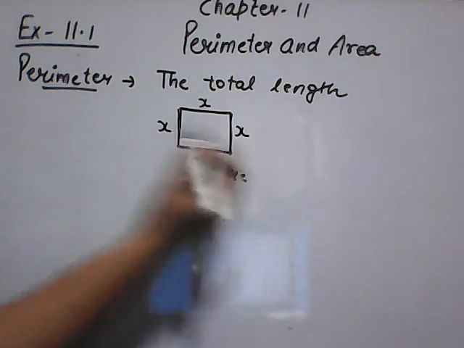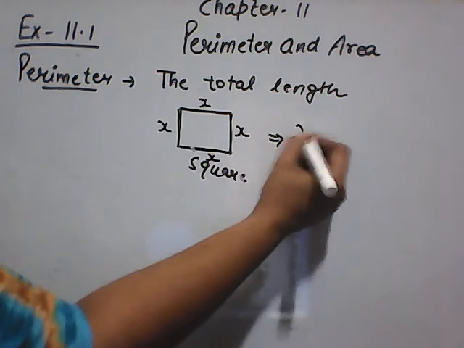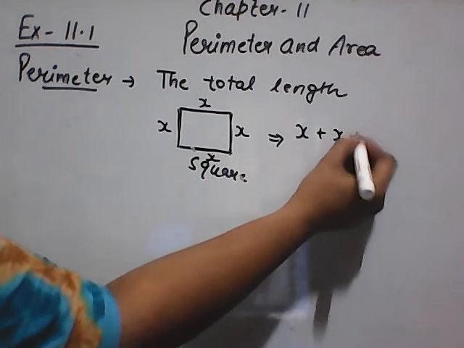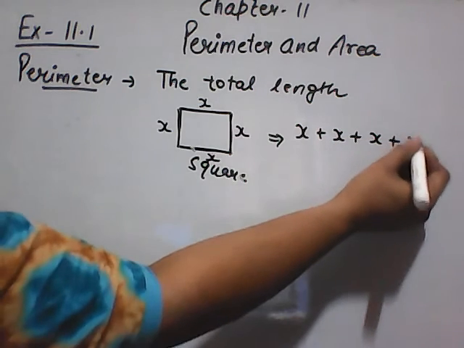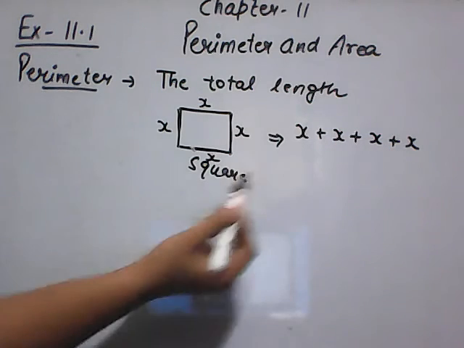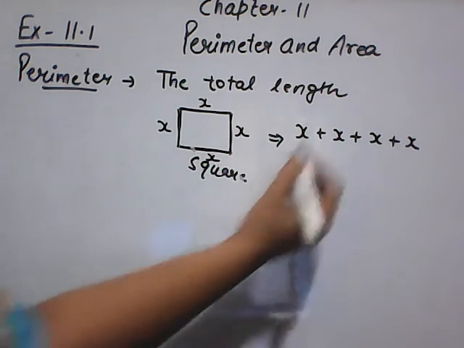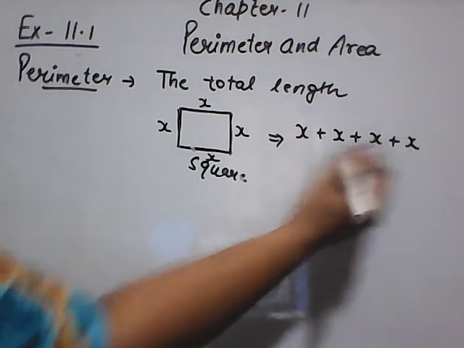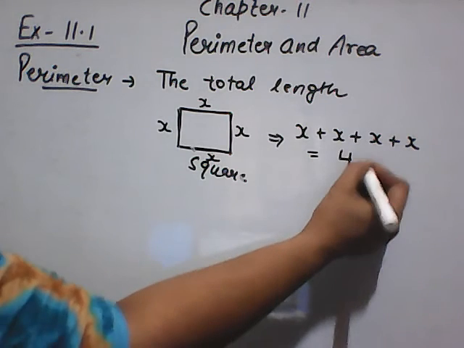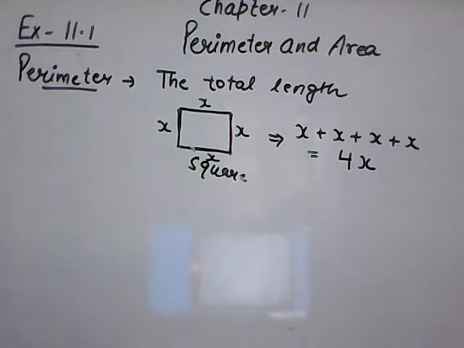Now, perimeter of the square will be x plus x plus x plus x. That will be the sum of all the sides, the total length of all sides of a figure. Now 1, 2, 3, 4. It is 4x. So 4x will be the perimeter of the square. Perimeter means the total length or boundary of a closed figure.